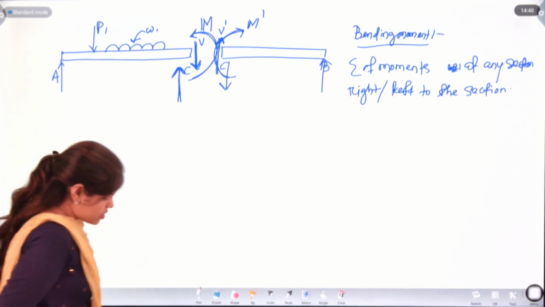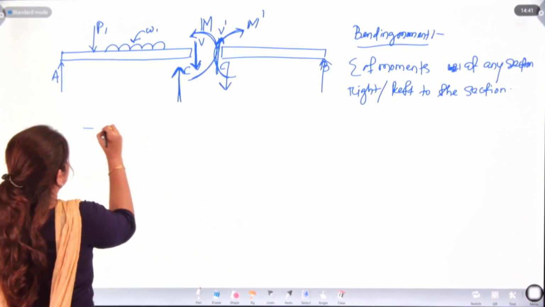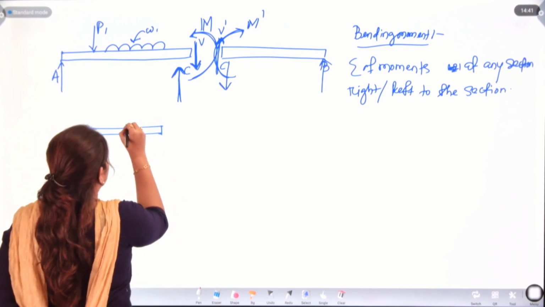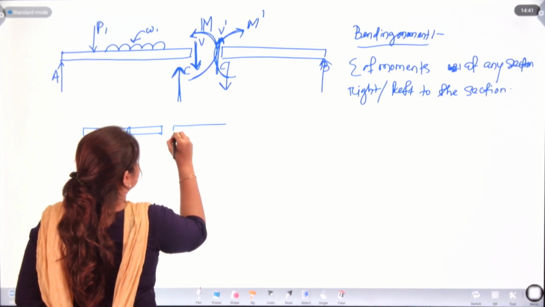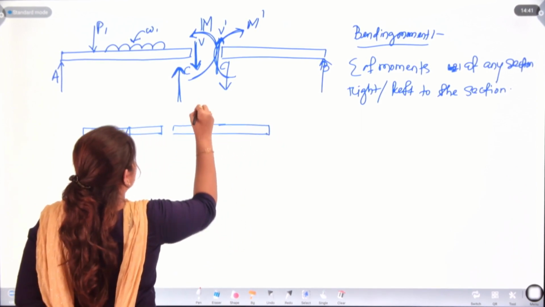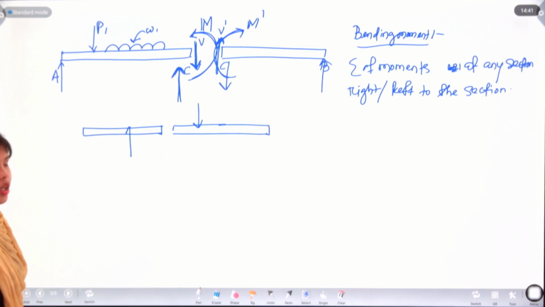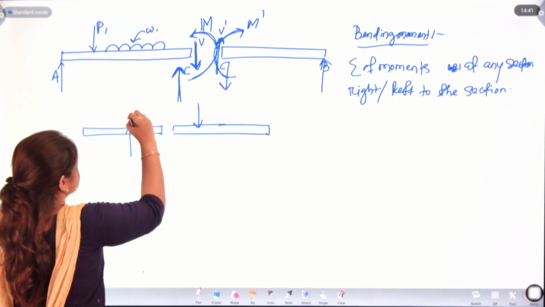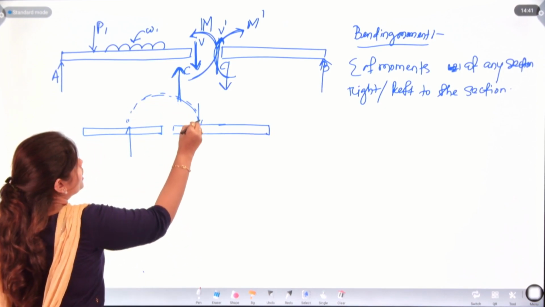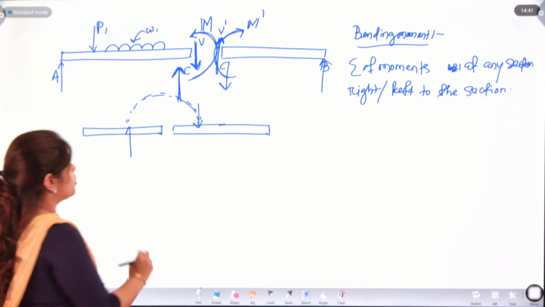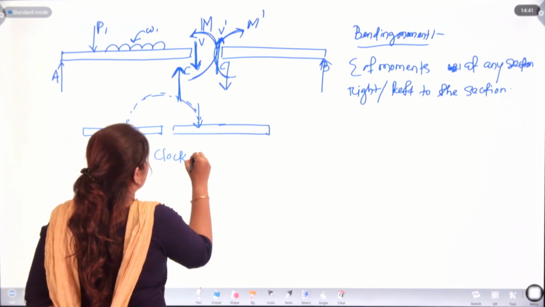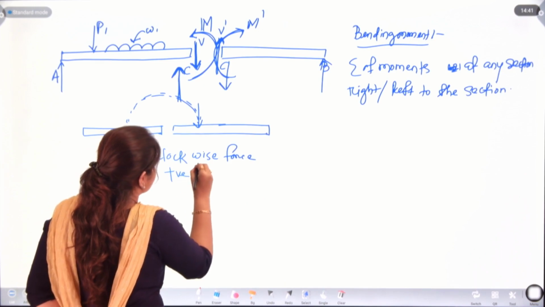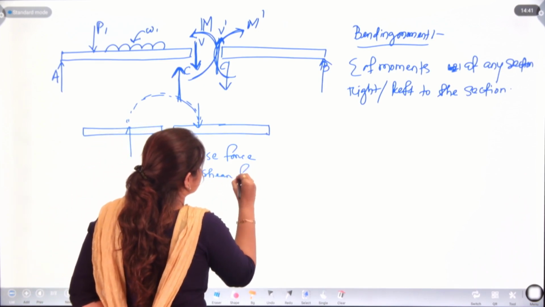Now, for the shear force, you can see the external load acts like this, and the external force is acting in the clockwise direction. So you can say the clockwise force will be positive shear force.